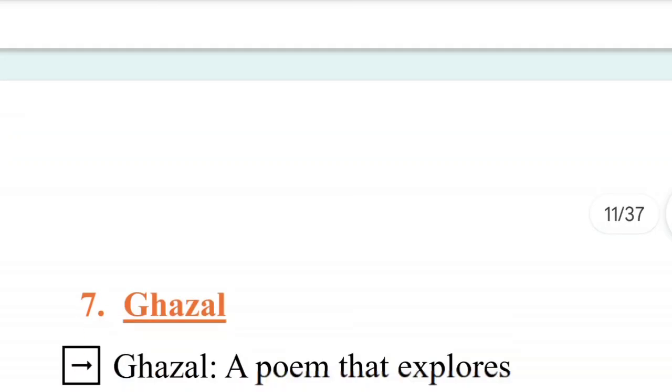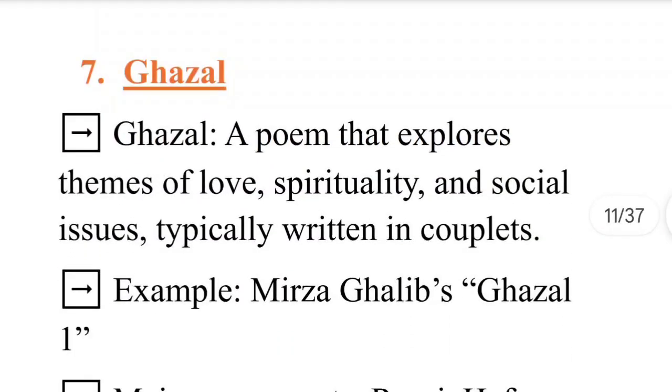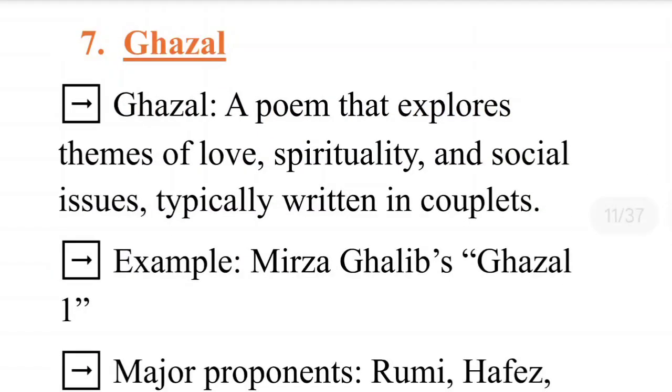And the next form of poetry is ghazal. Ghazal is a poem that explores themes of love, spirituality, and social issues, and typically it is written in couplets. Couplets are nothing but two consecutive lines.